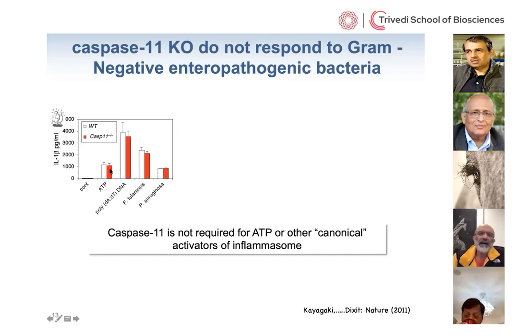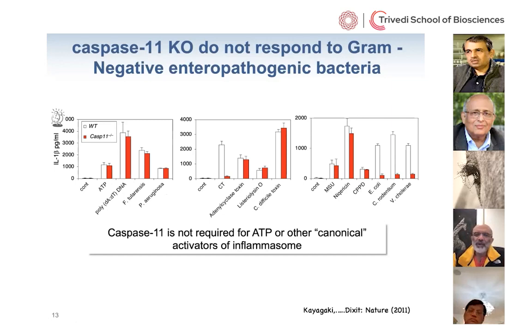Red bars are macrophages from caspase 11 null mice. And the various stimulants on the x-axis are shown. These are pro-inflammatory stimulants: ATP, cytosolic DNA, infection with Francisella tularensis or Pseudomonas aeruginosa. And disappointingly, we didn't really see any difference. It sort of looked the same as the wild type. It seemed like caspase 11 had no discernible function.